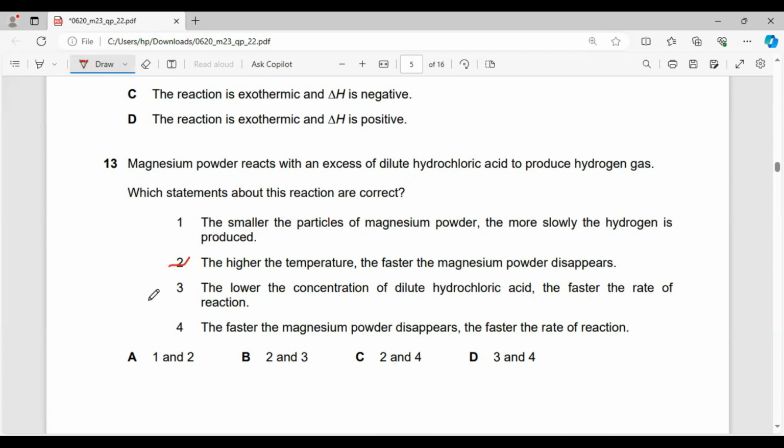The lower the concentration of dilute HCl, the faster the rate of reaction, which is again wrong. If there is low concentration, there are fewer hydrochloric acid particles available to react, so the rate of reaction will be slow. The faster the magnesium powder disappears, the faster the rate of reaction. So again it is correct. So 2 and 4, option C.